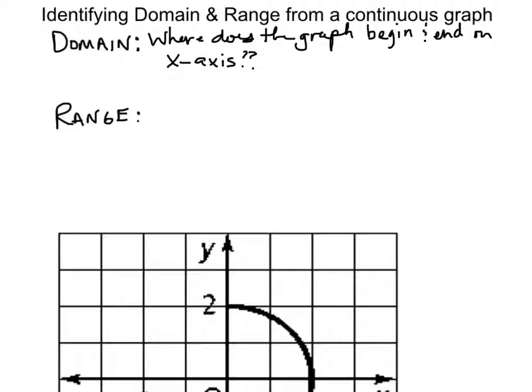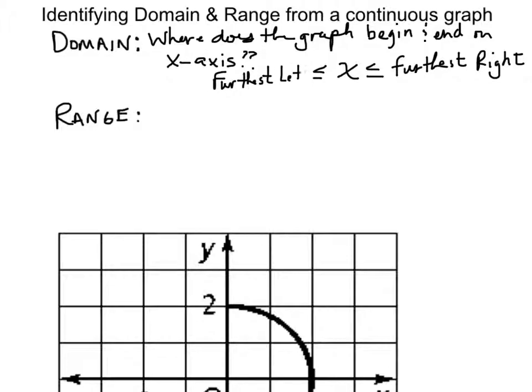Now, how you're going to write it out is as an AND statement. It's going to look like this with an x in the middle: this is the furthest right the graph goes, and this is the furthest left the graph goes, with an x in the middle.